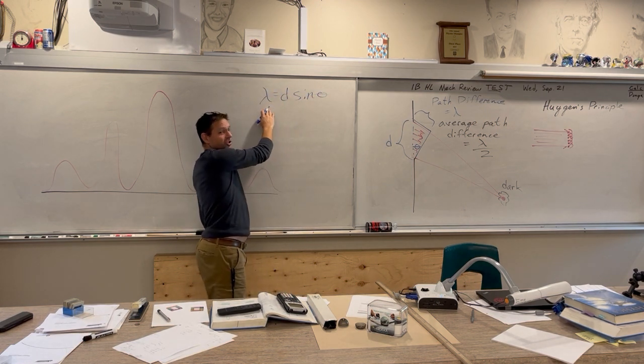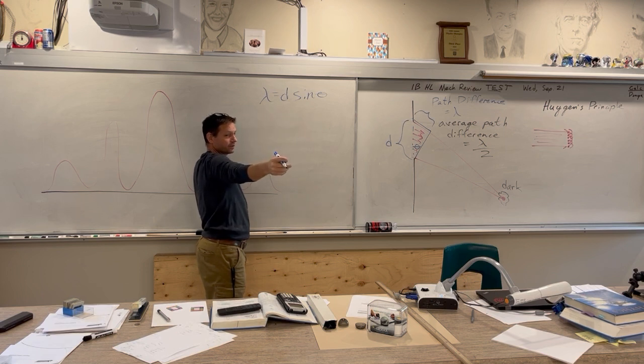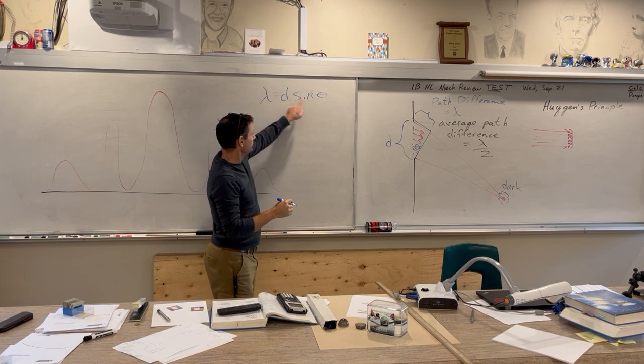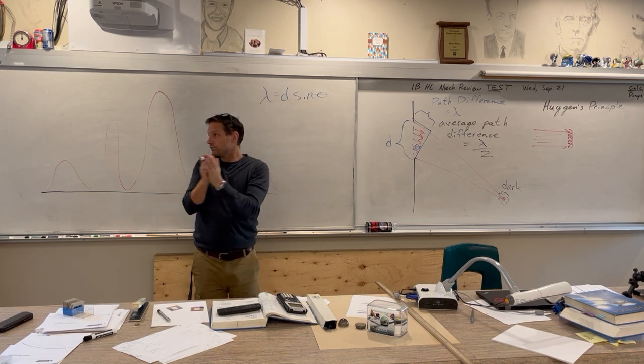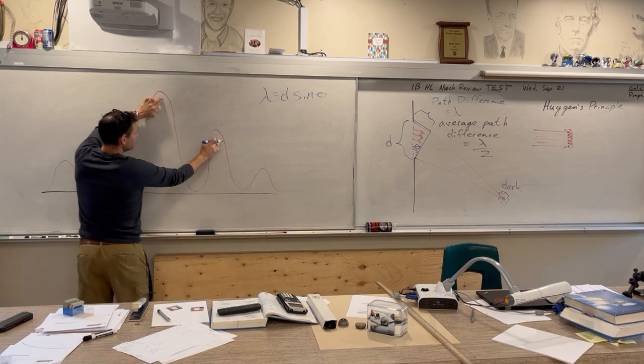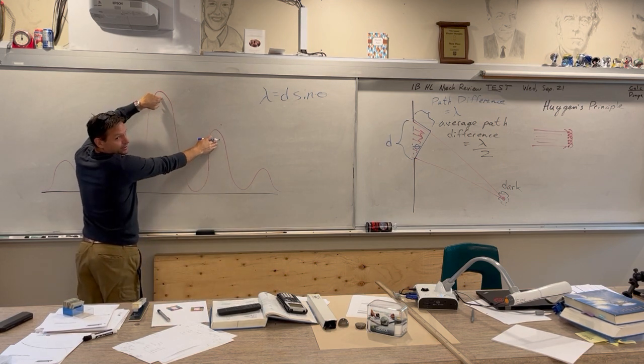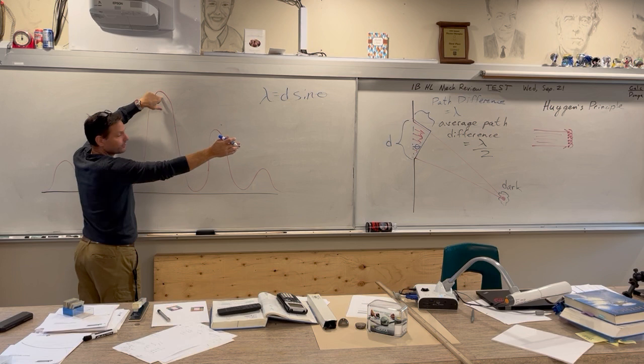Is the lambda changing? No, we got the same color light. If this gets smaller, theta must get bigger, right? So it's not as close as this, your next maximum. It has to be way further out.